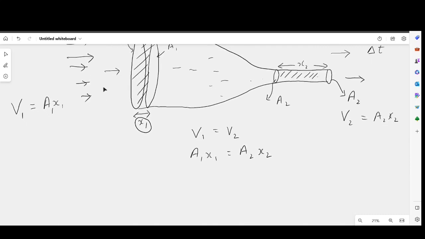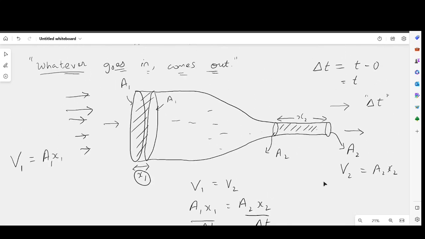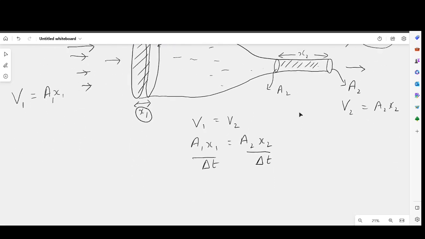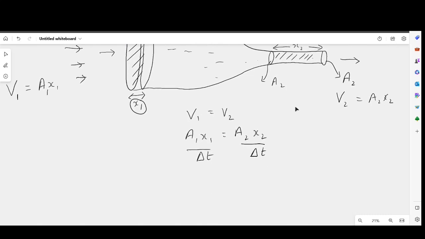Okay. Now with this equation we can do something which will lead us to something insightful. What I do is I divide both sides by delta t. This is the same delta t that we talked about over here, the amount of time in which the volume V1 goes in and the amount of time in which the volume V2 comes out.